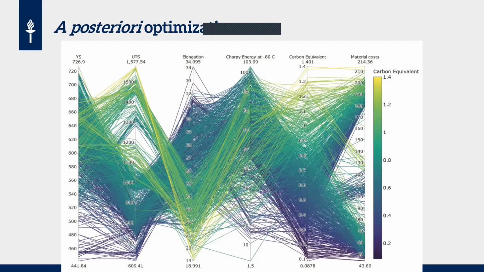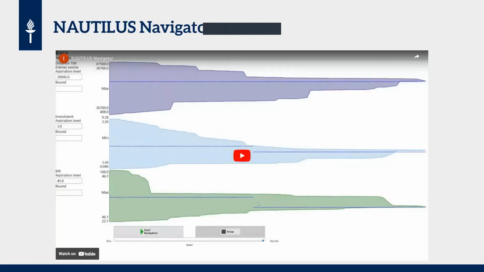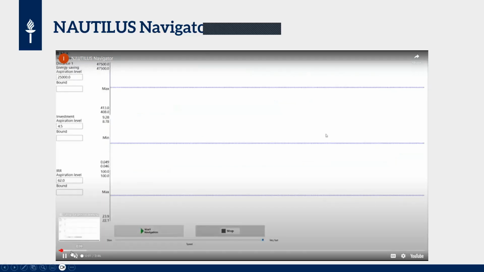So one of the methods that we have in DESDEO is called Nautilus Navigator. And the way Nautilus Navigator works is similar to what Giovanni showed earlier in the first tutorial about eNautilus, if I remember correctly. We begin at a nadir point. In this case, the video is showing a problem with 3 objectives.